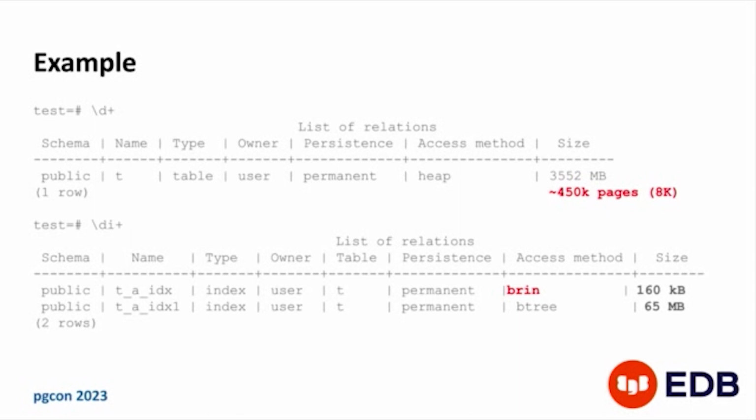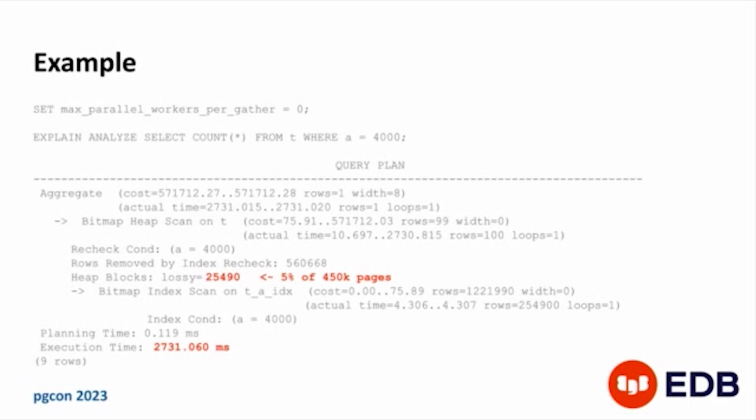And then if I do a search using a particular value, you need to read the execution plan from the inside. We first access the index and identify which ranges actually match the condition.